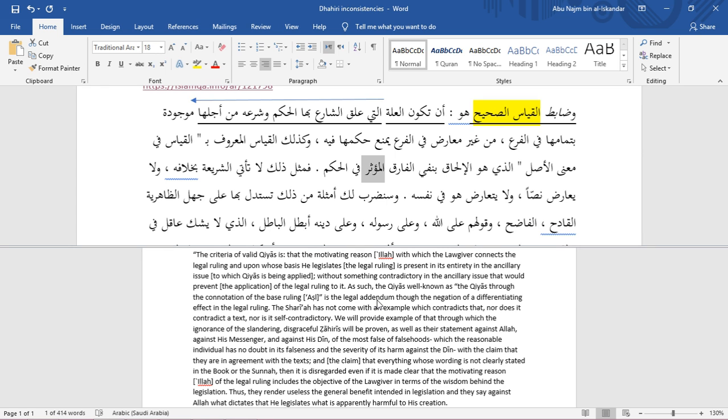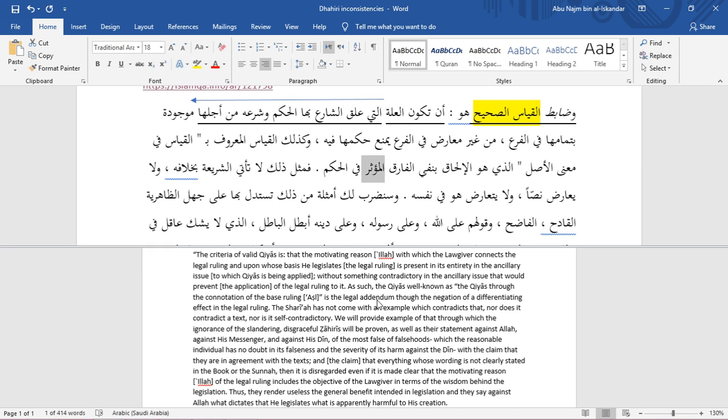So this is just another way of saying that the analogy is being made between these two things, right? One legal ruling from the asl is being applied to the situation of a far', of a secondary issue.